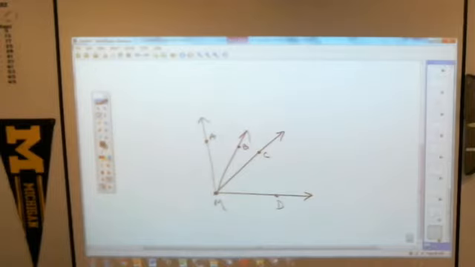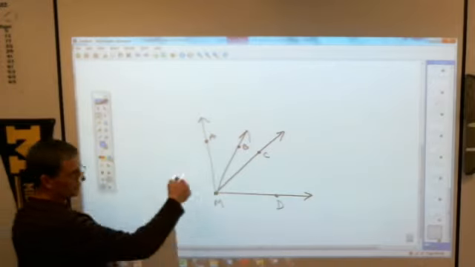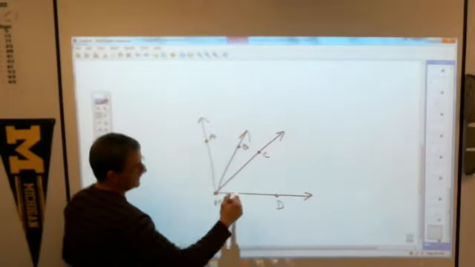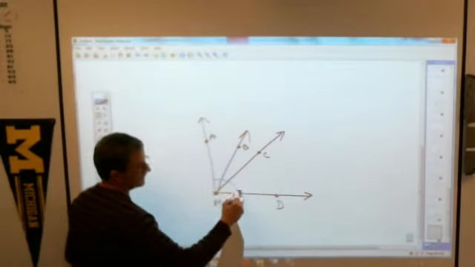Look at letter F on that lesson practice. It says angle AMD is an obtuse angle. So that means this. They're telling you this. AMD, this big angle, is obtuse.